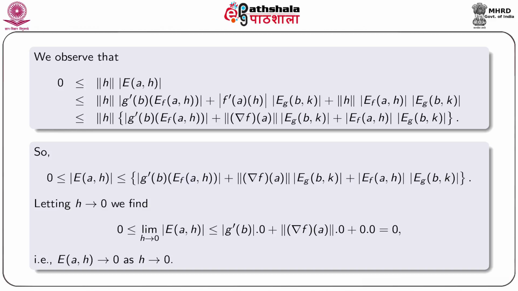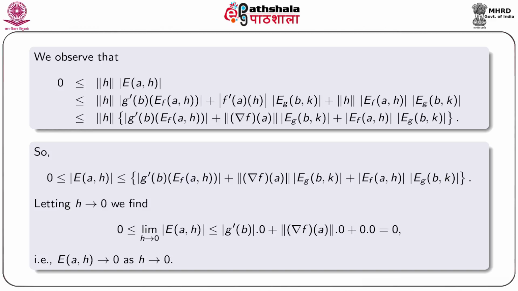If we look at the right hand side, all the three terms contain some error term. As H tends to 0, all the error terms go to the corresponding 0 vectors. And we know g'(B) is a linear transformation, and any linear transformation carries the 0 vector to the 0 vector.